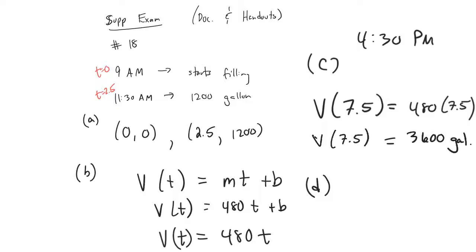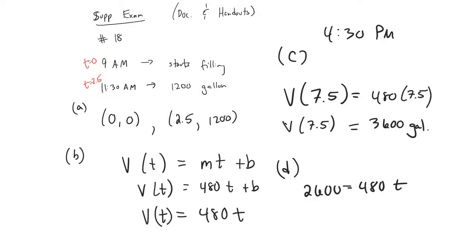So 0 hours, 0 gallons. 2.5 hours later, 1,200 gallons. So if we want to know when, meaning at what time, at what time will there be 2,600 gallons? So we replace V of t, the volume, with 2,600, and then we solve that for time.